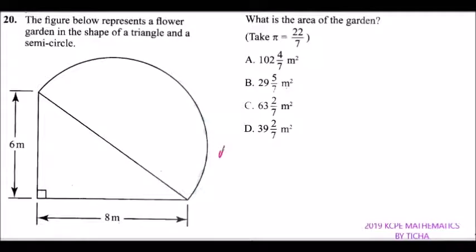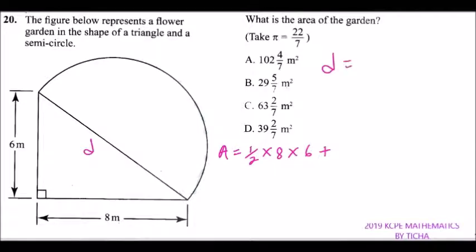So this means that area is equal to the area of a triangle, which is a half, the base is 8 and the height is 6. That gives us the area of a triangle. Plus, to get the area of the semicircle, we need the radius, and we use the Pythagoras theorem to find the diameter.